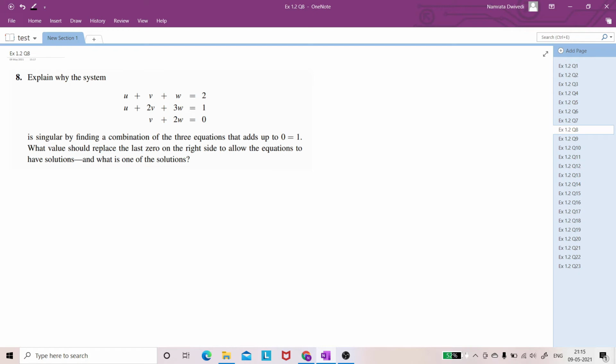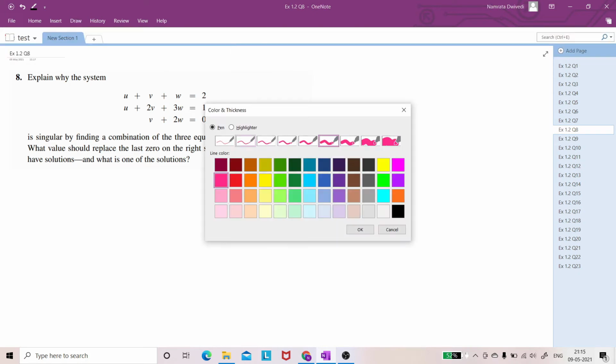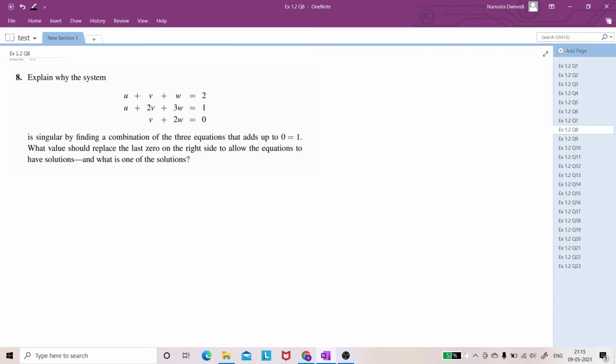First of all, let us consider the following system of equations. Let me just write it here itself, equations 1, 2 and 3.